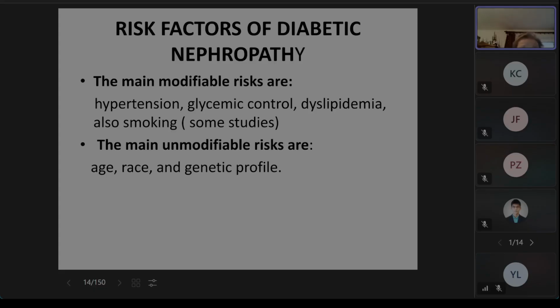As regards the risk factors of diabetic nephropathy, there are some modifiable and some unmodifiable risk factors. Among the main modifiable risk factors, you can put hypertension, glycemic control, dyslipidemia, and also active smoking.